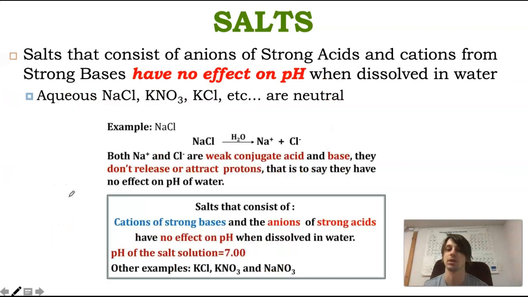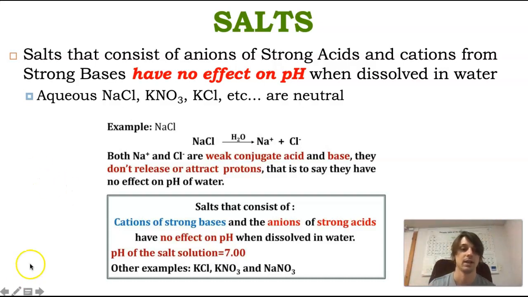And we're going to look at just a couple examples. All right, so salts that consist of anions, typically it's going to be the anion of strong acids, okay, because it's like HCl, HNO3, any of those strong acids, okay? And cations from strong bases, remember groups 1 and groups 2, calcium and lower, okay?